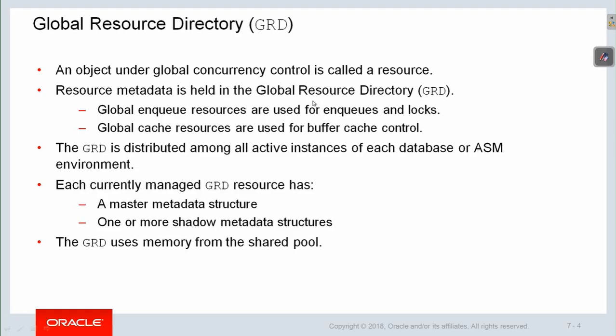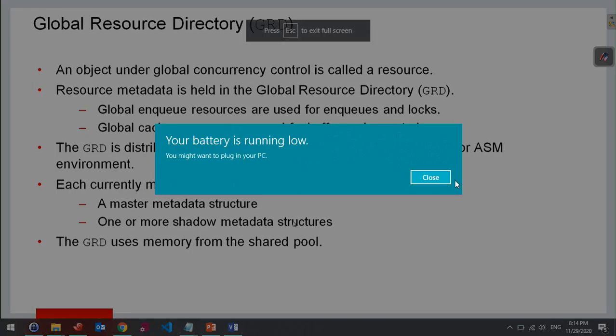And where is the location of the global resource directory? The location is the shared pool in each instance. Each currently managed global resource directory resource has a master metadata structure and one or more shadow metadata structures. This means that each instance can have master metadata, and a master instance can modify master metadata in the global resource directory to manage global enqueue resources and global cache resources.